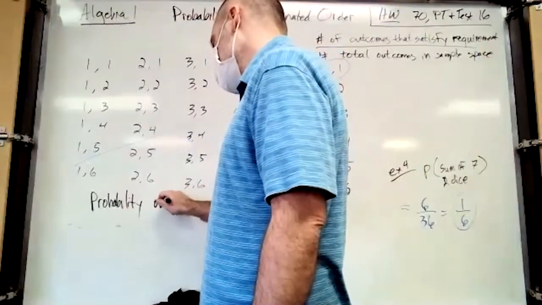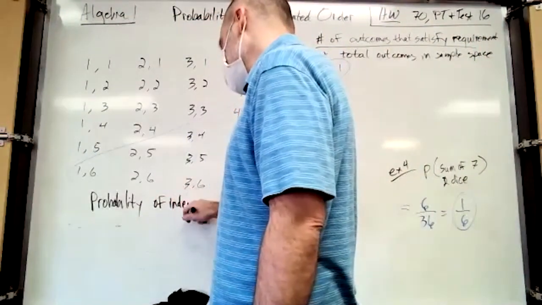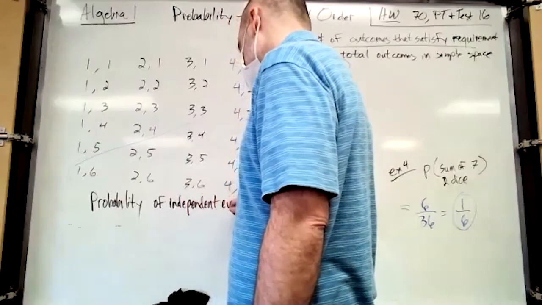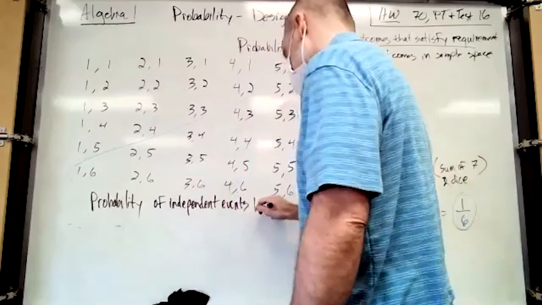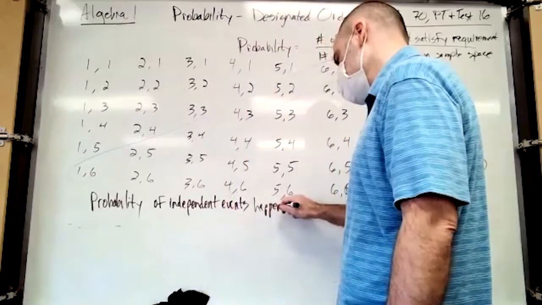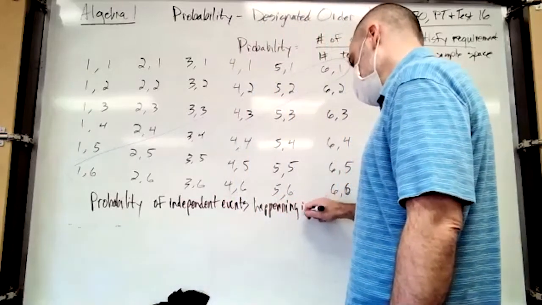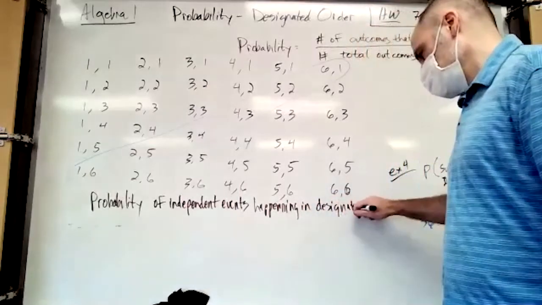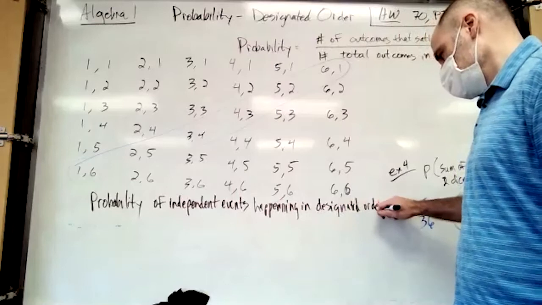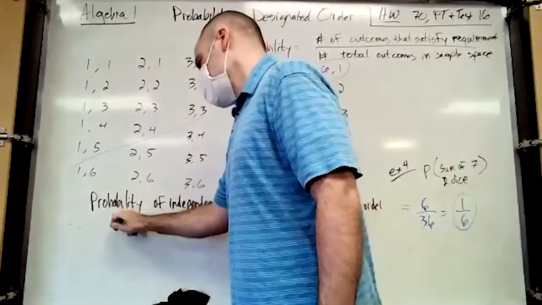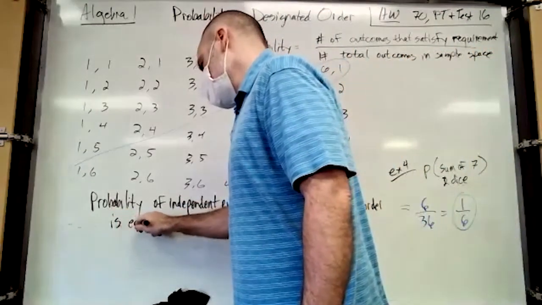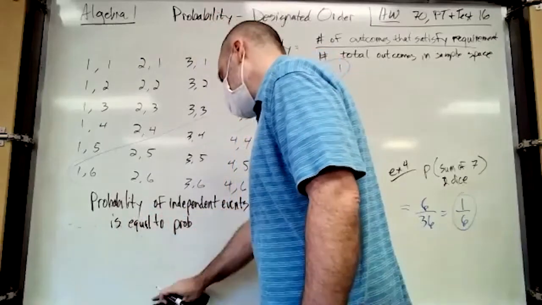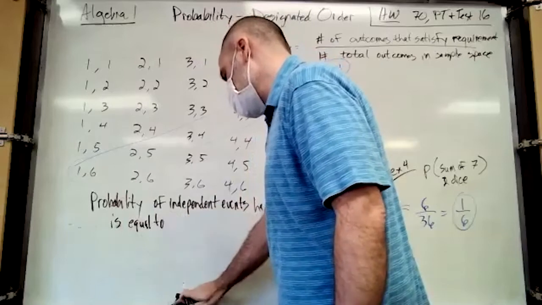Probability of independent events, remember, events that don't affect each other, happening in a designated order is equal to the product of those individual probabilities.